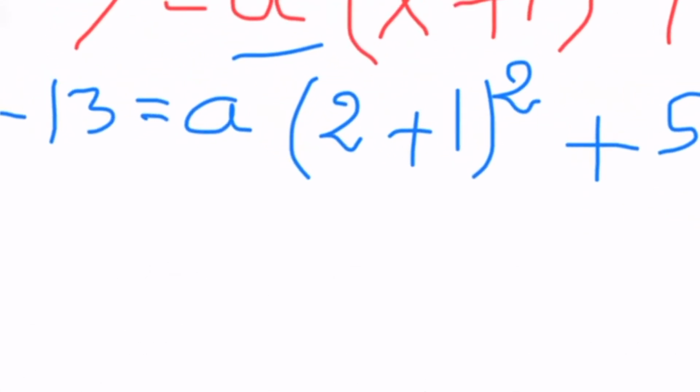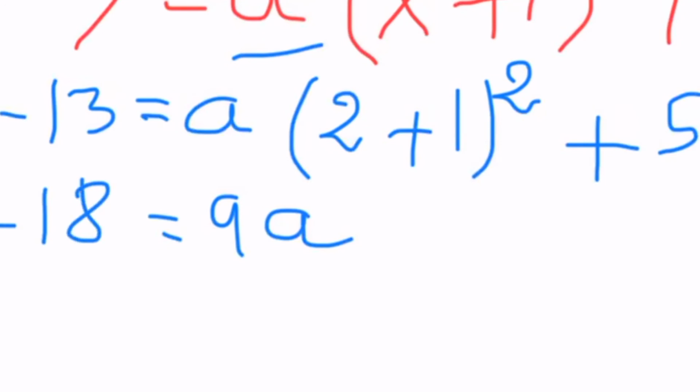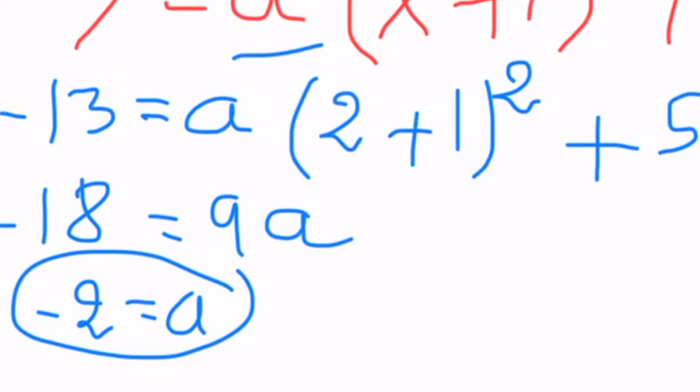2 plus 1 is 3, squared is 9. So 9a equals, subtract 5, you get minus 18. Divide by 9, you get negative 2 equals a. And that's your a.